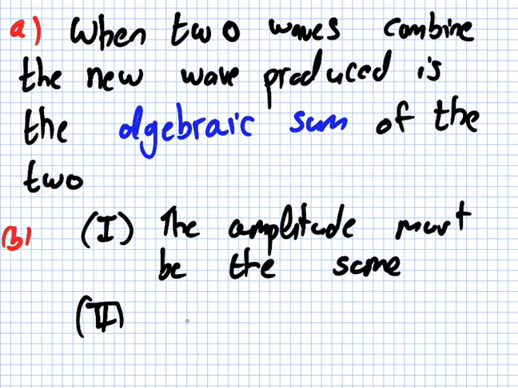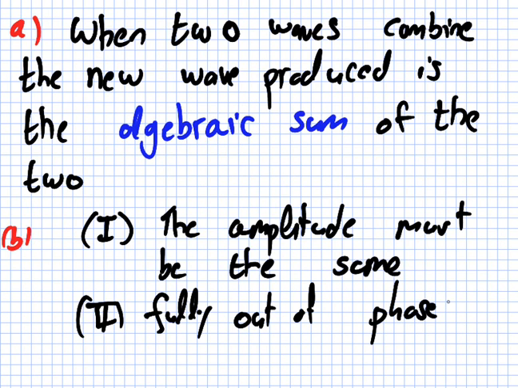We say out of phase. Fully out of phase. That means the max and the min happen together.